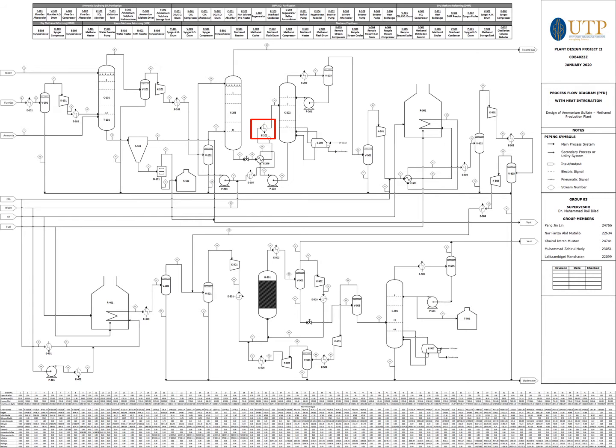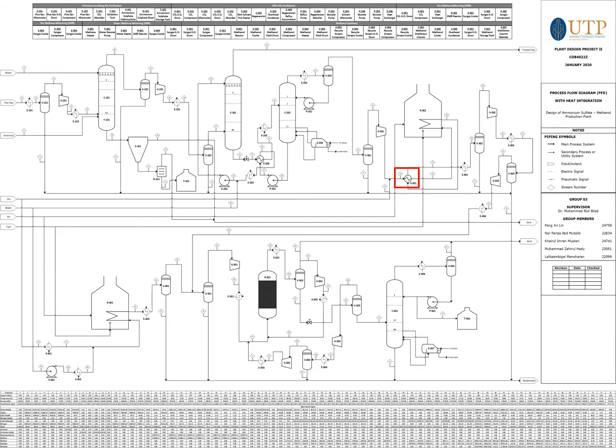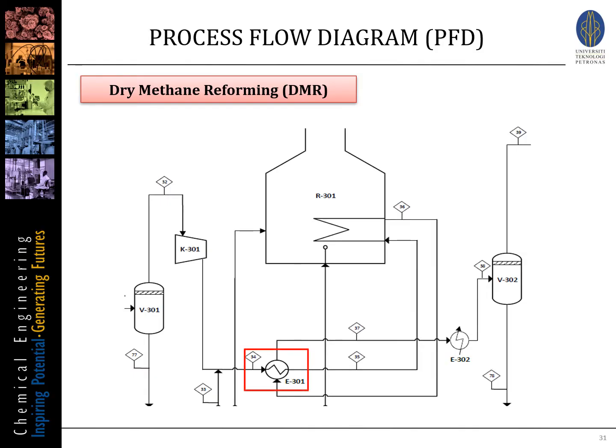The first one is CO2 purification. To be specific, it will be focused on exchanger 202. And for the second part, around dry methane reforming, to be specific, on exchanger E301.